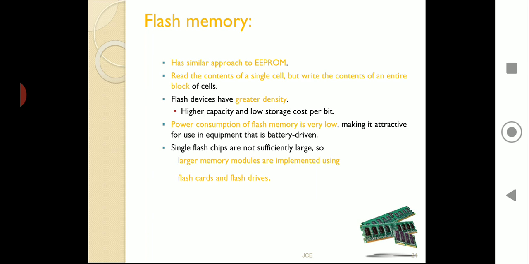Remember this, friends: when you read, you read a single cell, but when you write, you write for a block of cells, not a single cell. This is very important. Another major thing is that before writing, the previous contents of that block will be erased.